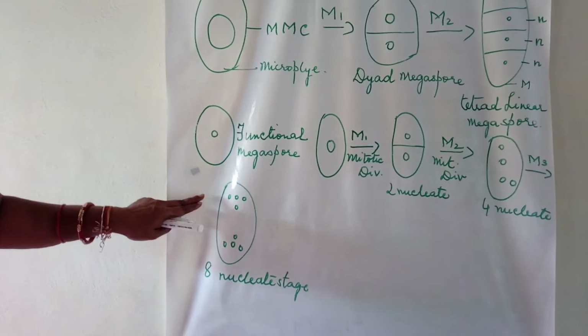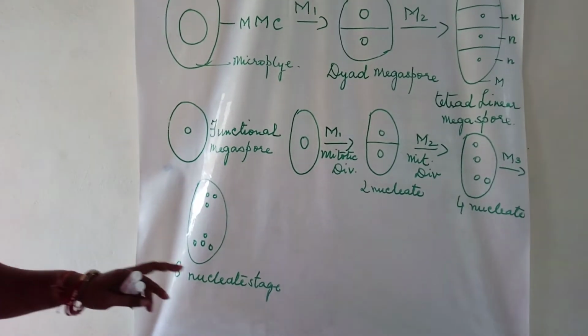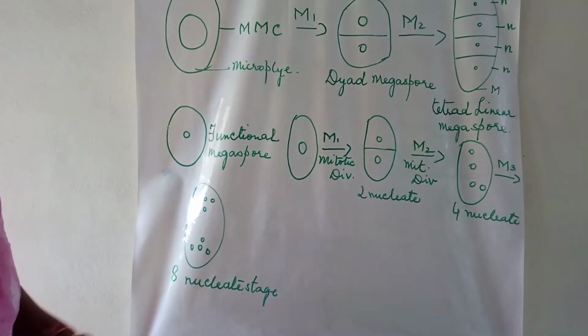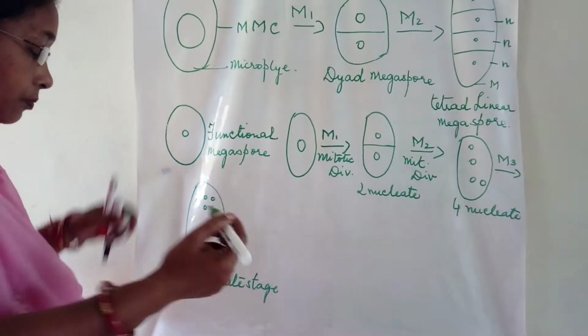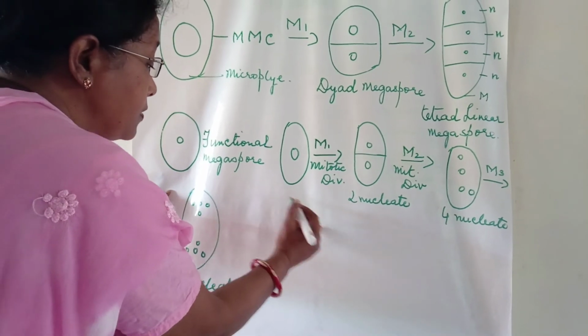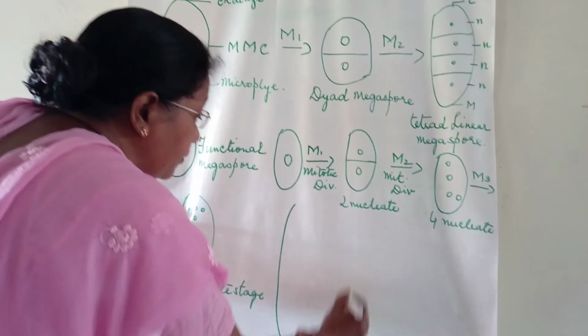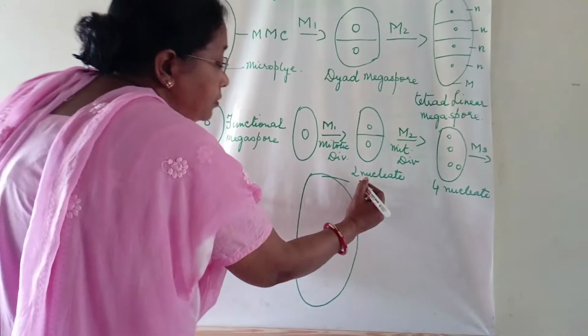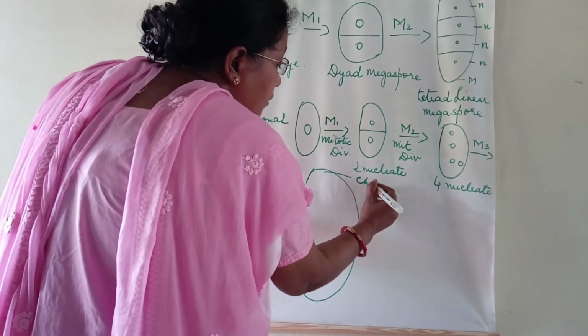Now, the female gametophyte, the angiospermic gametophyte, has eight nuclei. This is the chalazal end. Chalaza is there.